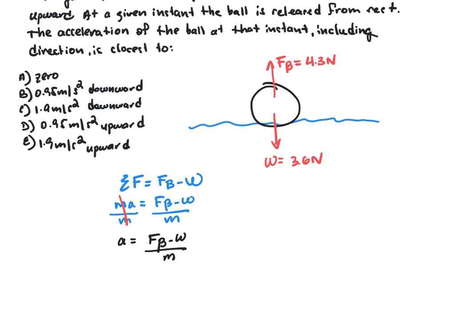So since we have our values, we know that FB is 4.3, our weight is 3.6, but we're missing our mass. But we know that the weight equals mg.